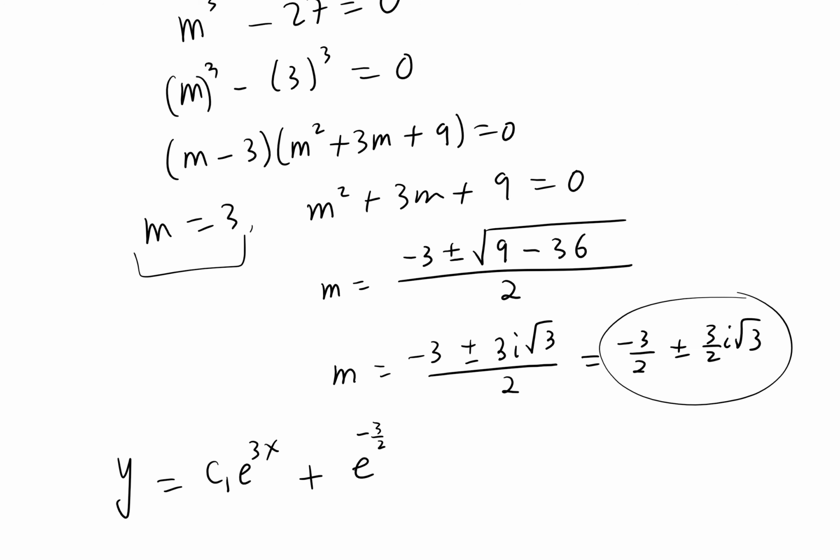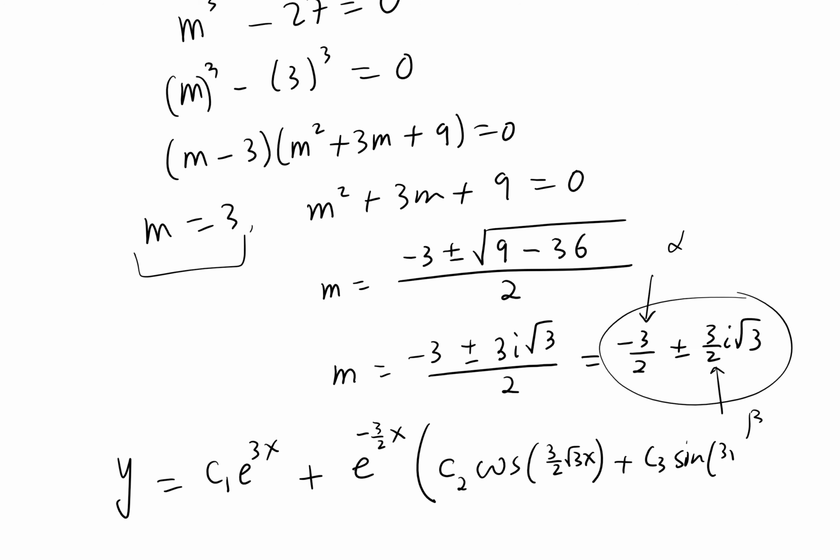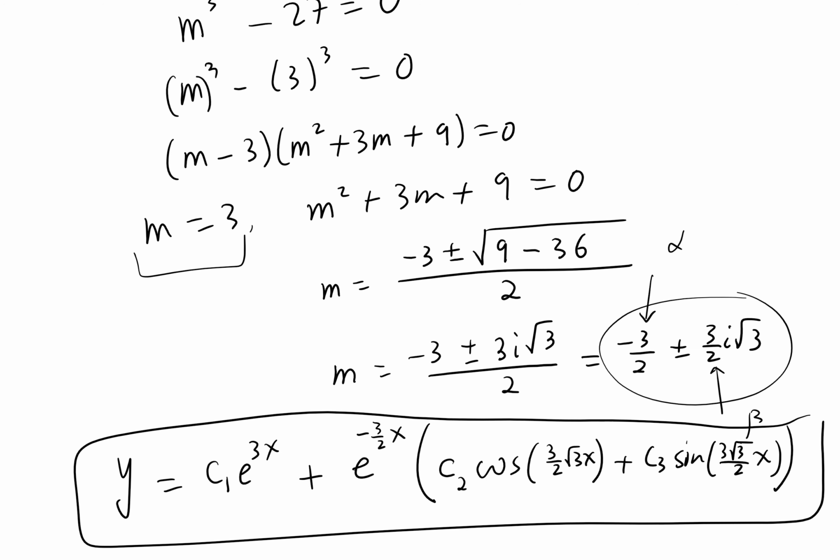Alpha is negative 3 halves, this is alpha, this is beta, times, I already used c1, so I'm going to use c2, cosine beta x plus c3 sine beta x. Is that okay, guys?